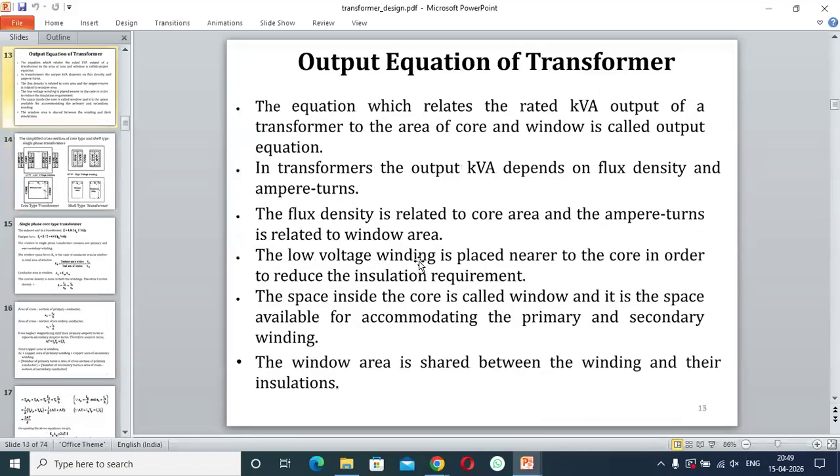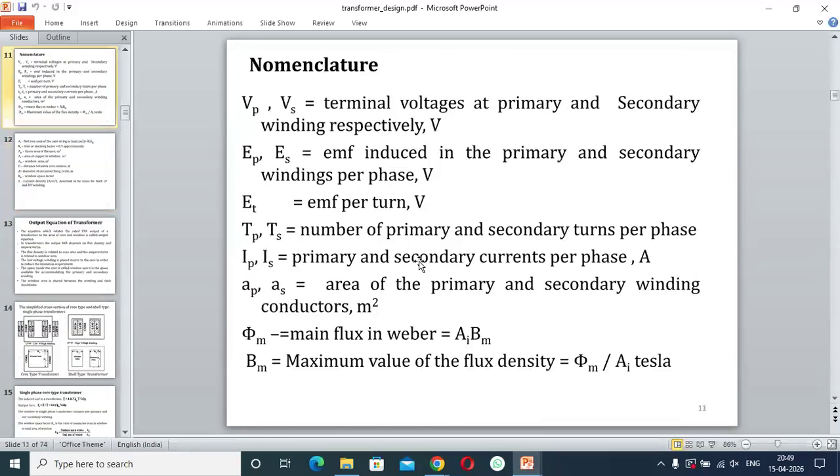So in this we have seen the different nomenclature. In this nomenclature, we have seen that VP and VS are the terminal voltages of the primary and secondary. IP and IS are the primary and secondary current per phase.